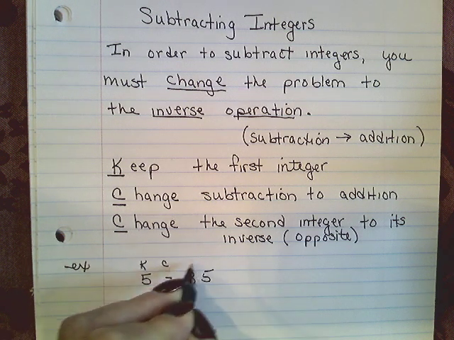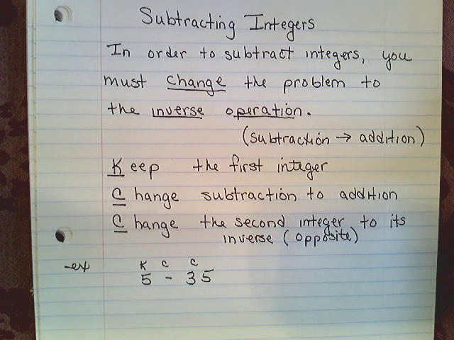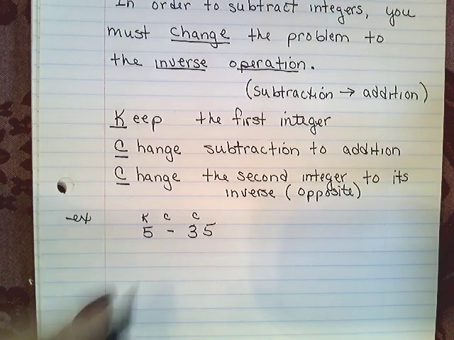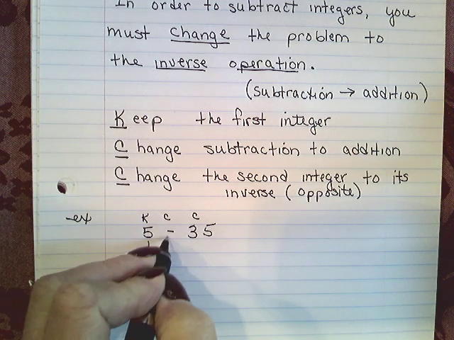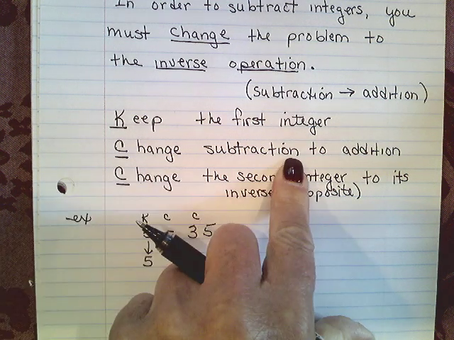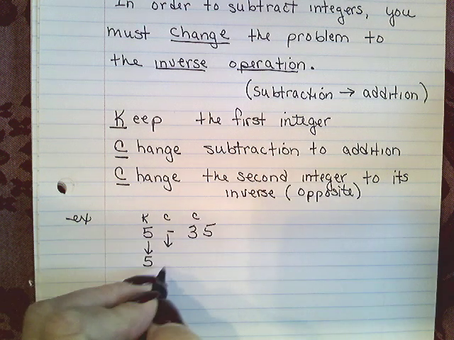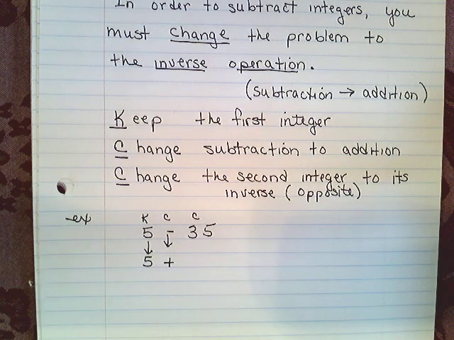So I'm just going to put the keep, change, change above that so that we know what we're referring to. So the first integer is 5. That stays. We have a subtraction symbol, so according to our second step, we're going to change subtraction to addition. And this is the most important part.